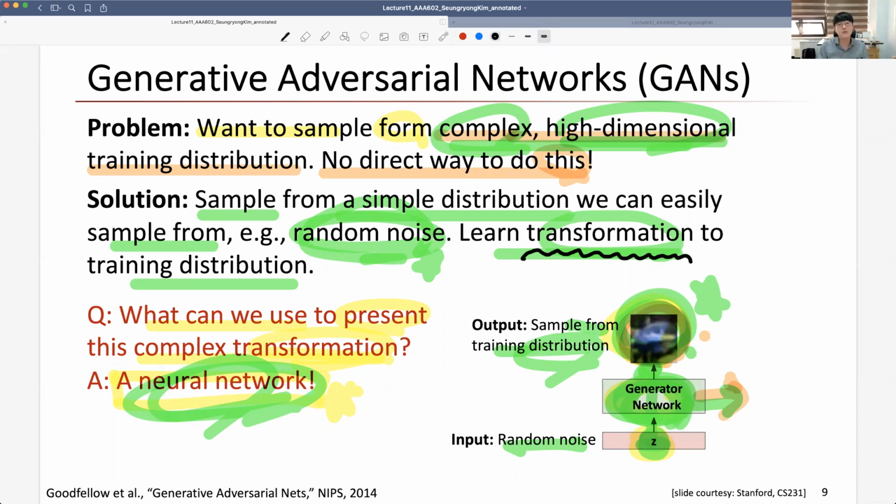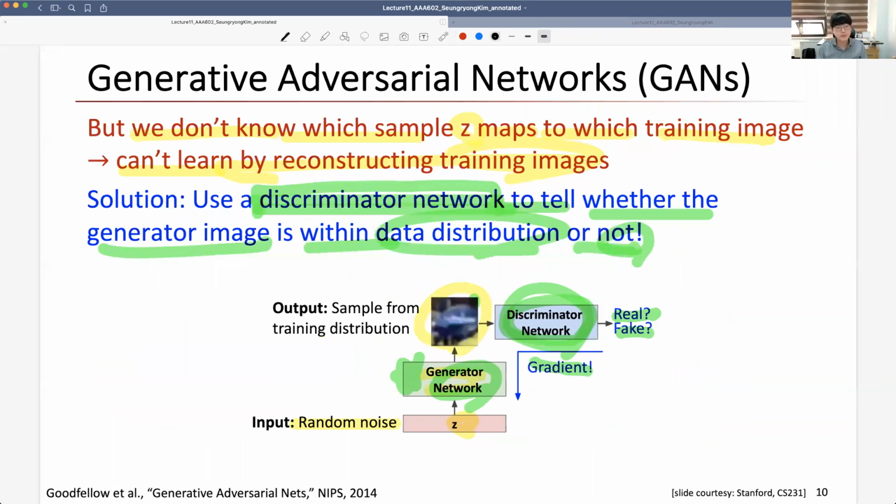How can I formulate a model that represents this complex transformation? The neural network. By using a neural network as a generative model, now we can sample from the training distribution. In other words, we can implicitly approximate the real data distribution by using the neural network-based generative network.